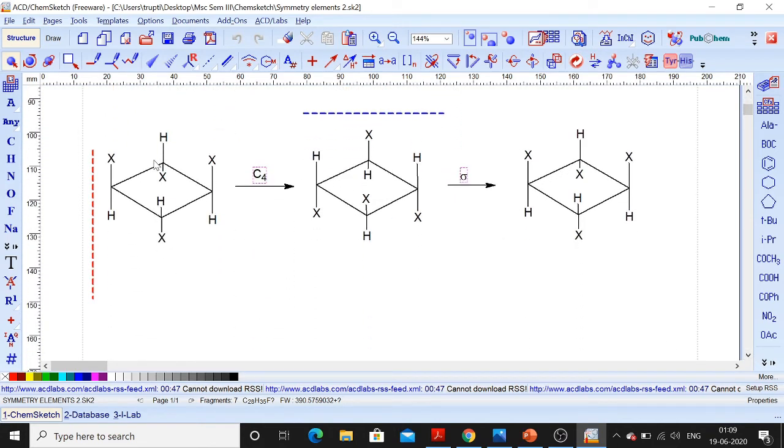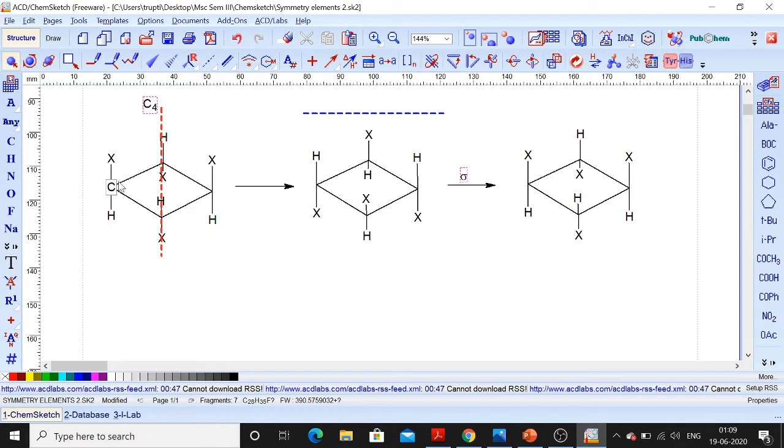Again, I have taken a cyclobutane derivative. Now imagine the axis which is passing through the center of this cyclobutane, and I'm rotating this molecule through the C4 axis. Let us say this is the C4 axis. If this is the C4 axis, that means I'm supposed to rotate the molecule by 360 divided by 4, that is by 90 degrees.